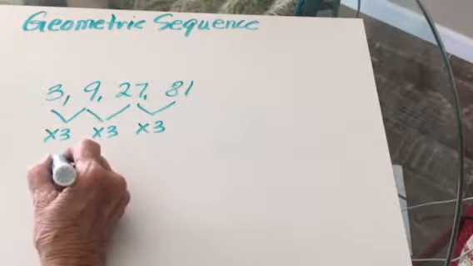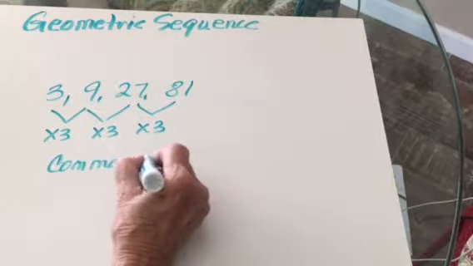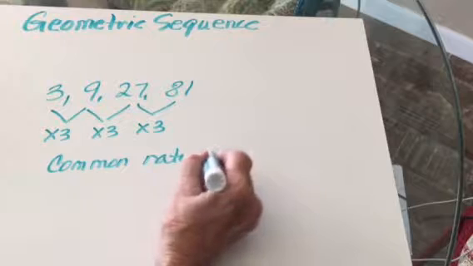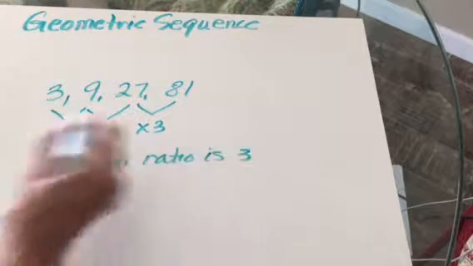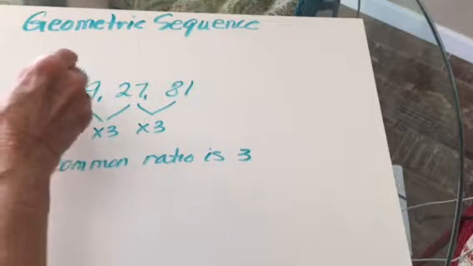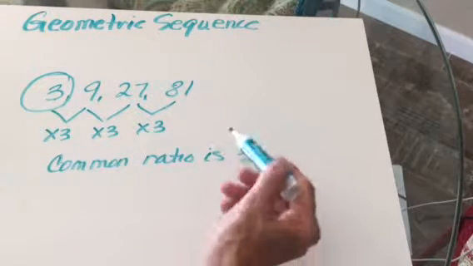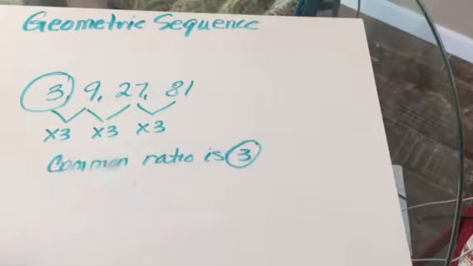So my common ratio is 3. By the way, which one is my first term on this? The first term is 3. We call that a sub 1. The ratio here happens to be 3. That's accidental.